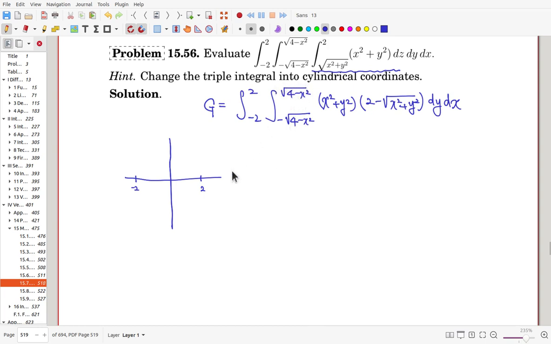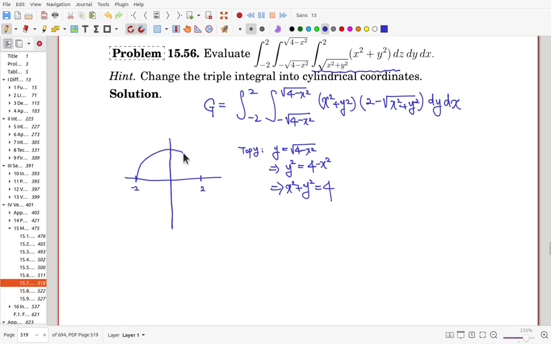For the top y, y is the square root of 4 minus x squared. That means y squared equals 4 minus x squared, which is the same as x squared plus y squared equals 4. So the upper portion is a circle of radius 2.